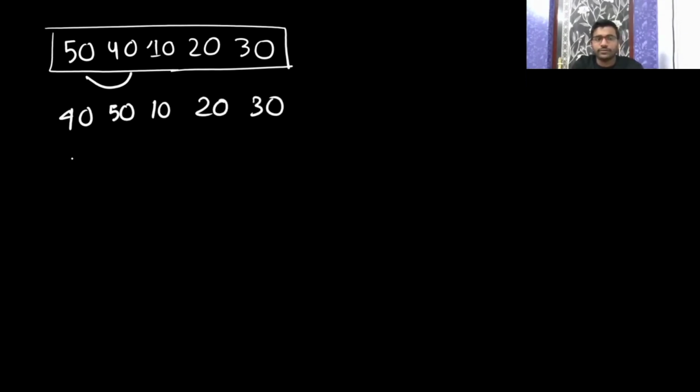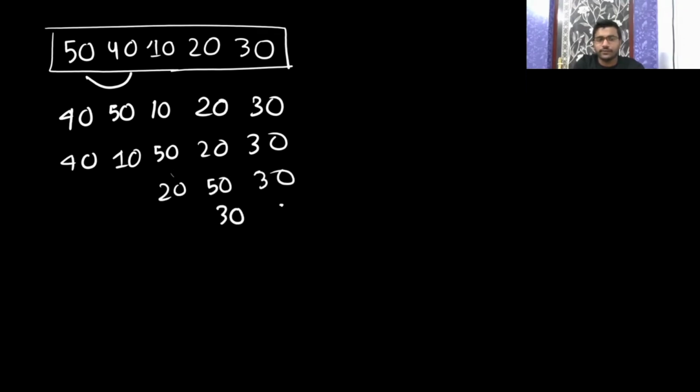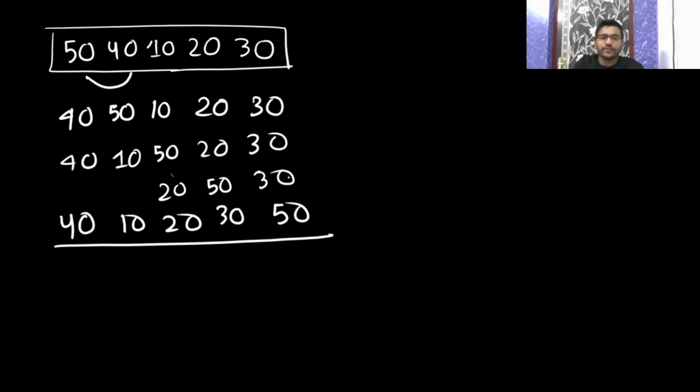Then swap these two, 40, 10, 50, 20, 30. Then swap these two, 20, 50, then swap these two, 30, 50. So after the first iteration you got 40, 10, 20, 30, 50. Now after the second iteration you will get 10, 20, 30 and 40.